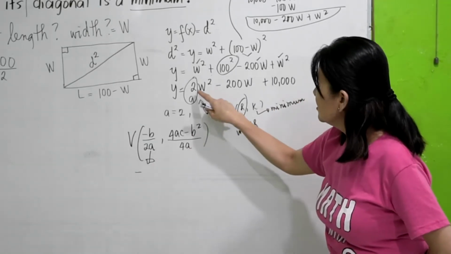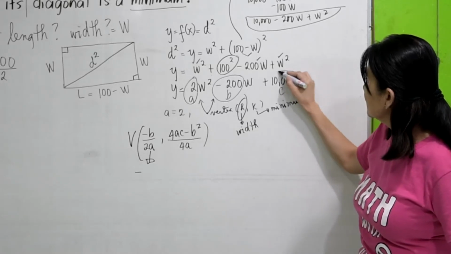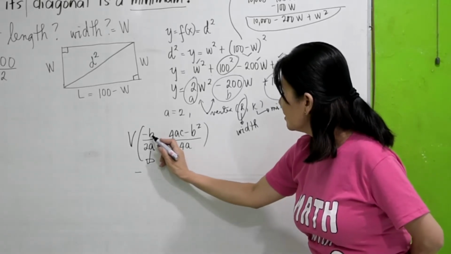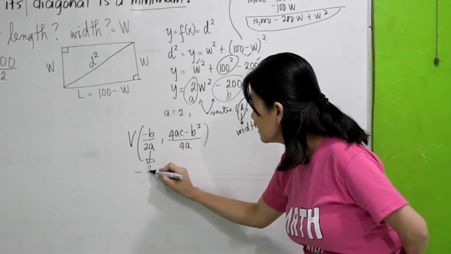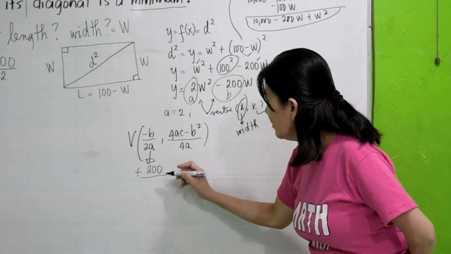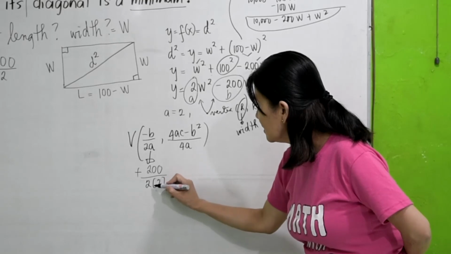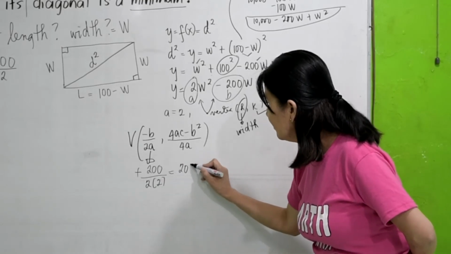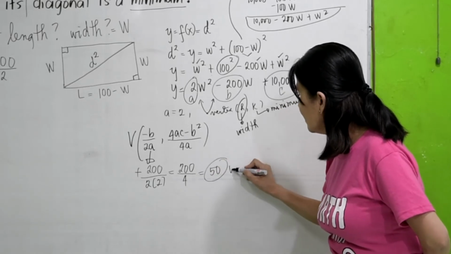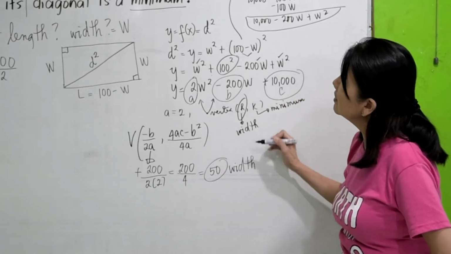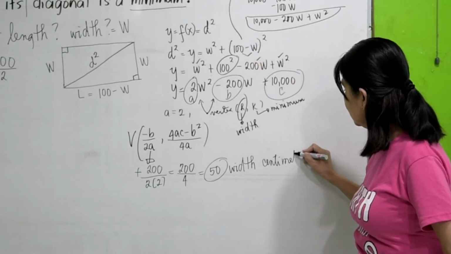Substitute the value. So a is 2, b is negative 200, c is 10,000. Negative b, negative of negative 200 is positive 200, over 2a, 2 times 2. There. So this is 200 divided by 4, which is 50. So the width is 50 centimeters.